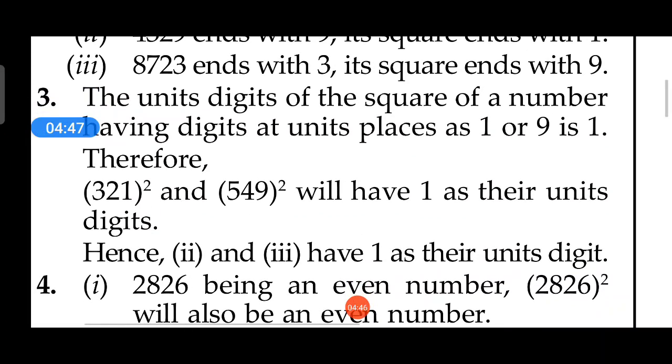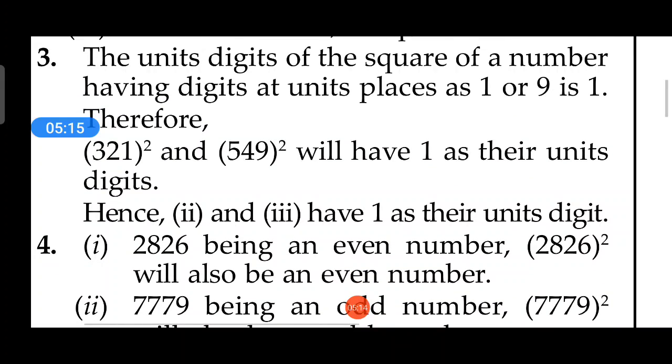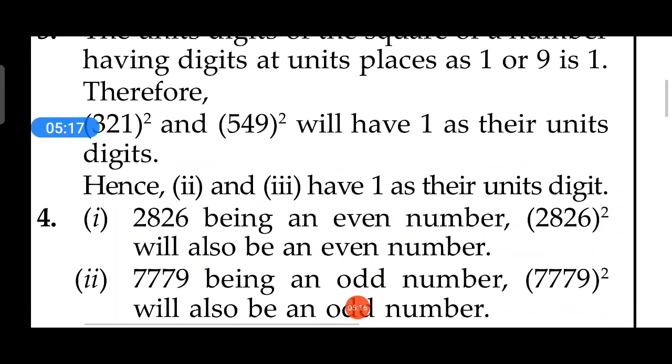Therefore, 321 square and 549 square will have 1 as their units digit, because 37 square and 427 square have a different units digit. So that is why 321 square and 549 square have 1 as their unit digits. So second and third have 1 as their unit digits.